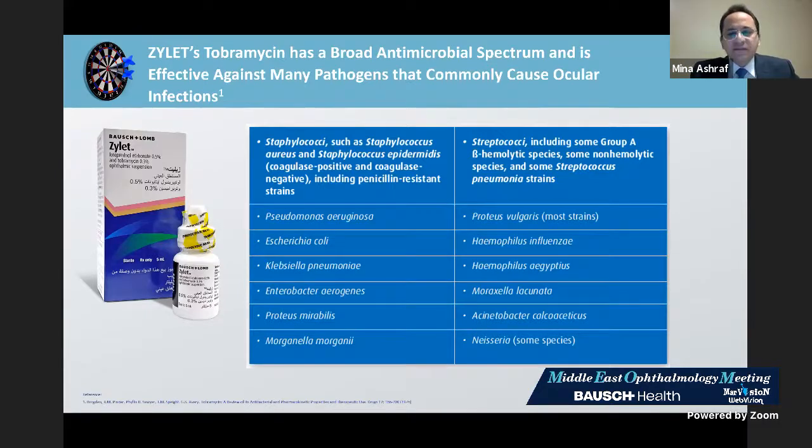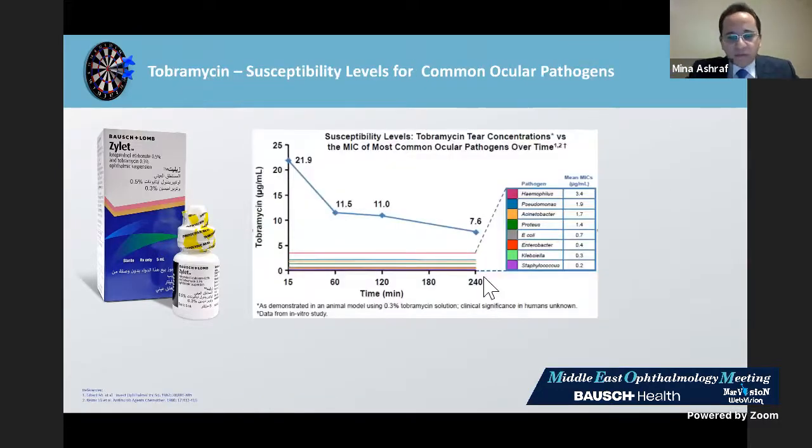tobramycin susceptibility levels for common ocular pathogens, we look here at the concentration of tobramycin in the tear film compared to the minimum inhibitory concentration, which is the concentration of tobramycin required to kill 90% of these common ocular pathogens.